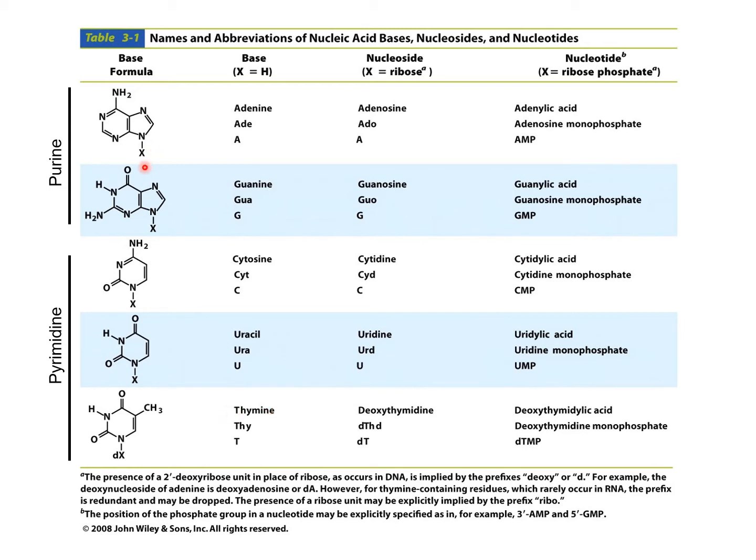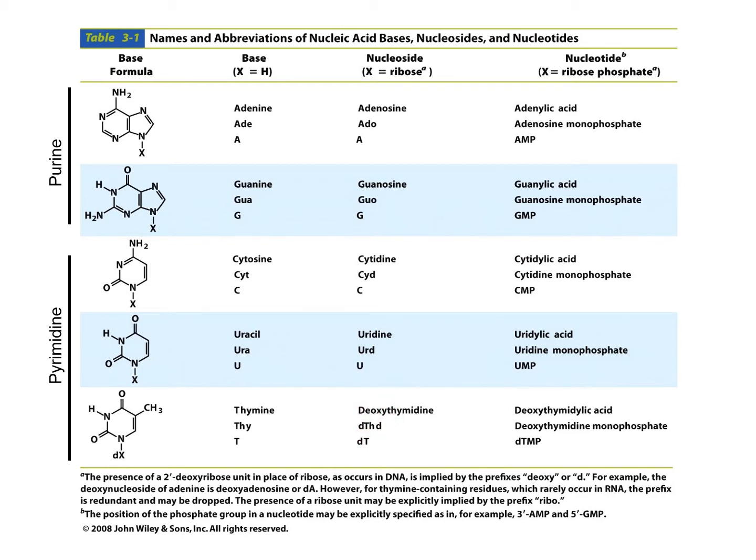If this X group is replaced by the ribose or the deoxyribose, then it will be called a nucleoside, and their specific names are adenosine, guanosine, cytidine, uridine, and deoxythymidine. The one-letter indication is basically the same as the basic form: A, G, C, U, and dT for the deoxy.